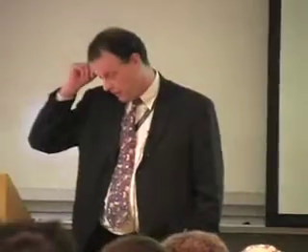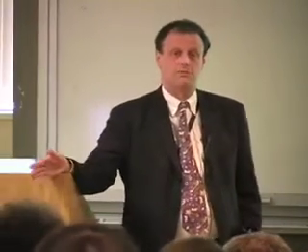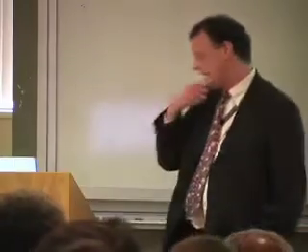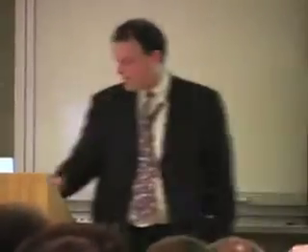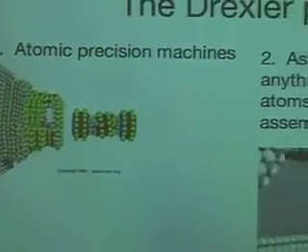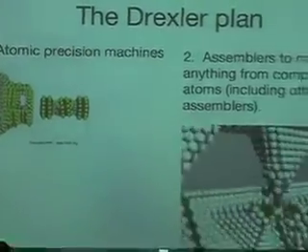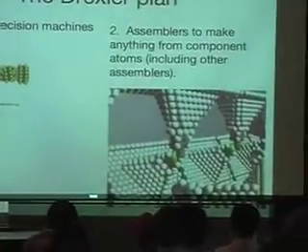The Drexler plan was to take this idea of atomic precision machines, of being able to manipulate atoms individually. And then he had this really quite Fordian vision, if you like, of being able to place atoms and molecules in any kind of arrangement.